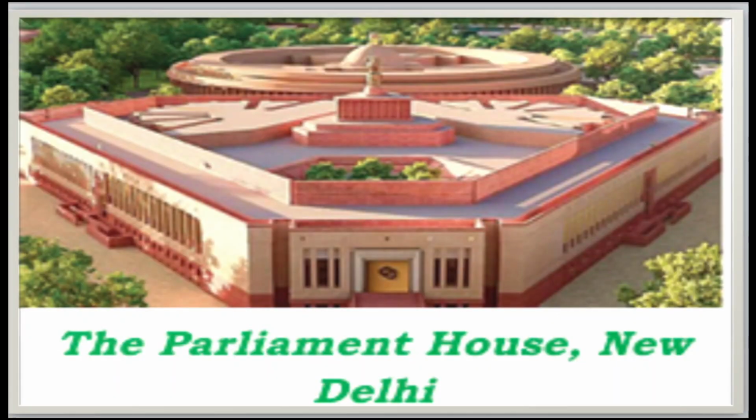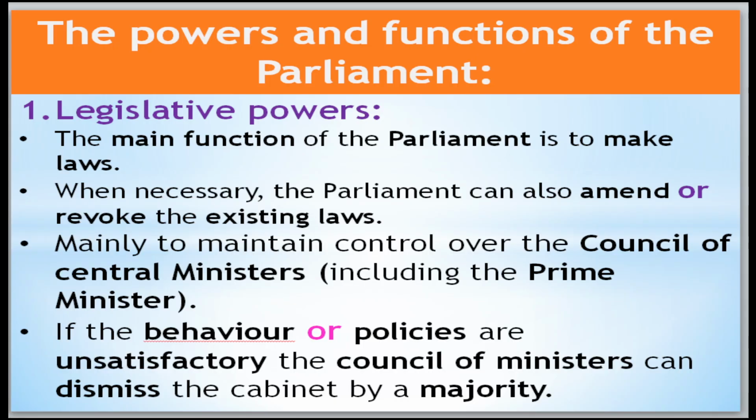Now move to the next: the powers and functions of the parliament. Mainly the legislative powers of the parliament, collectively of both the houses. Legislative means making of laws; those powers belong to the parliament only. The main power of the parliament is what? Making laws.